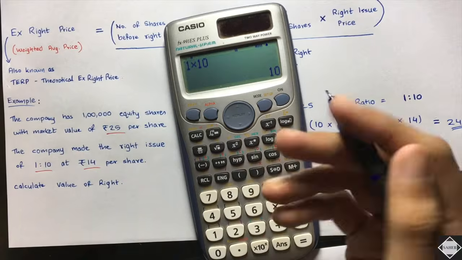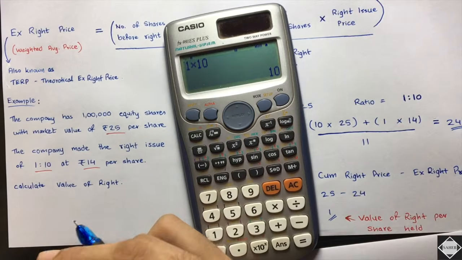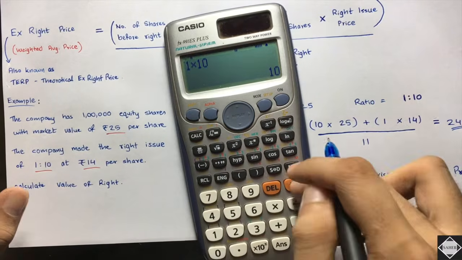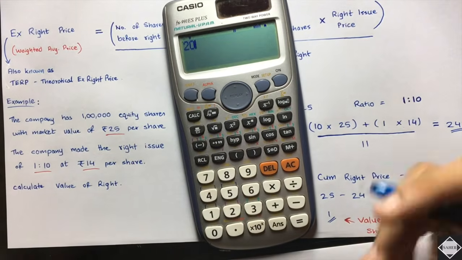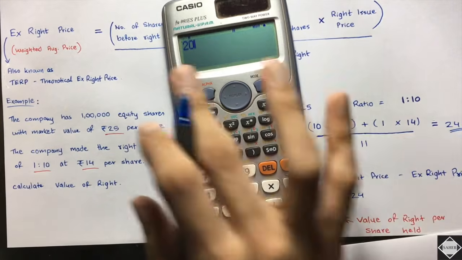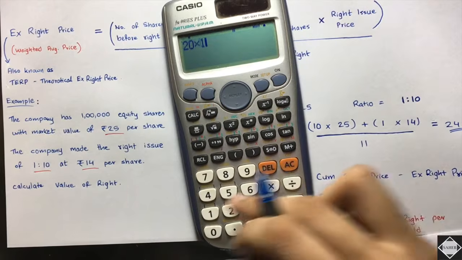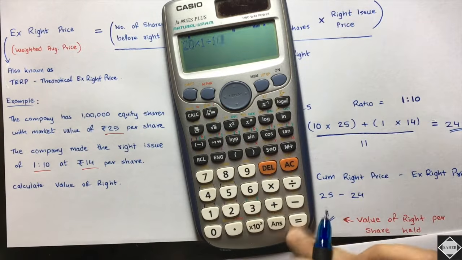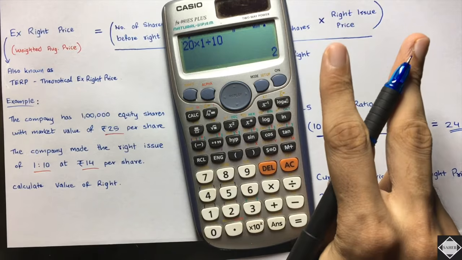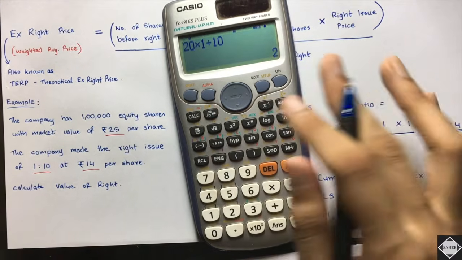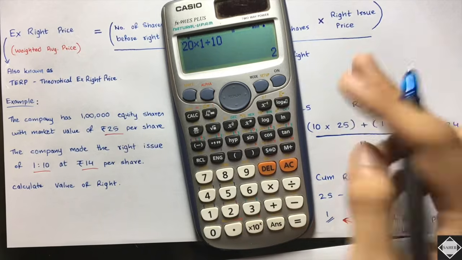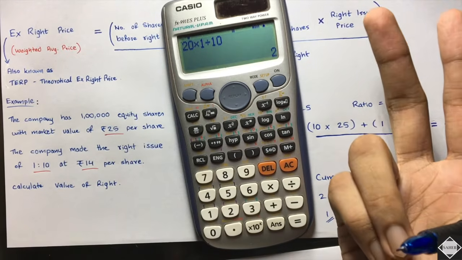So if you want to sell, let's just say you had 20 shares, for example. Okay, you had 20 shares. So how many rights will you get from the company if you have 20 shares? 20 into 1 divided by 10. So you will get 2 rights. You have 20 shares, you will get a right to subscribe 2 shares, isn't it?